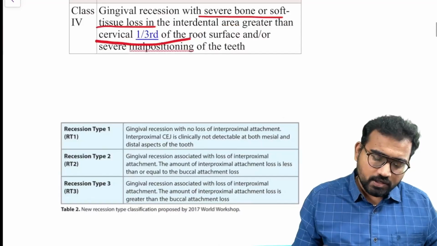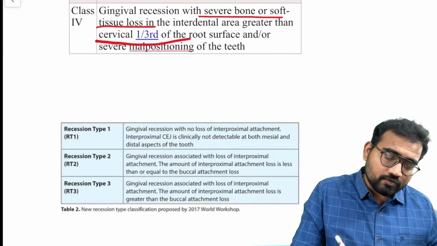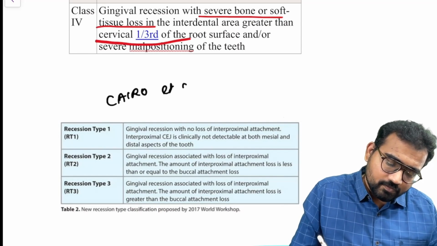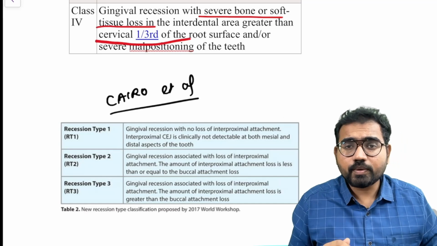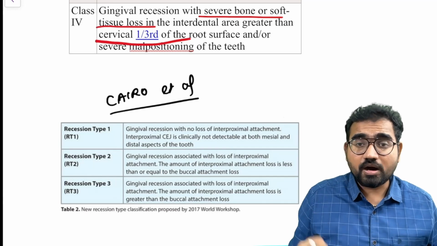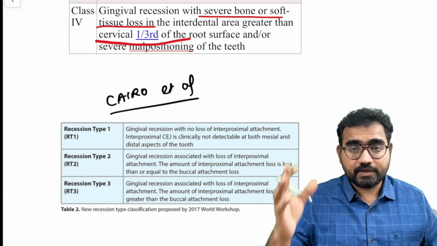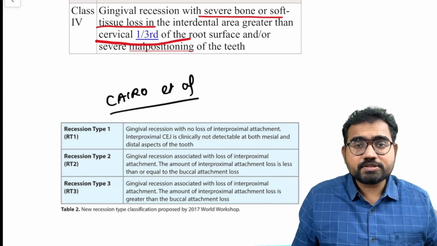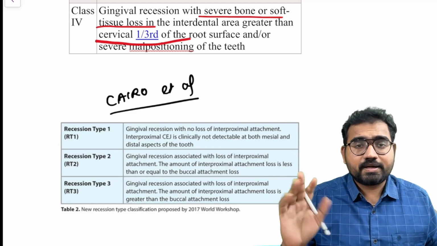Now the recent classification of gingival recession was given by Cairo et al. This classification just tells RT1, RT2, RT3. It talks about the interproximal attachment loss as well as the buccal attachment loss.